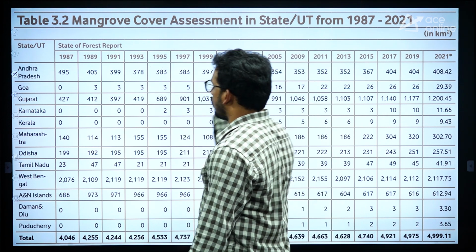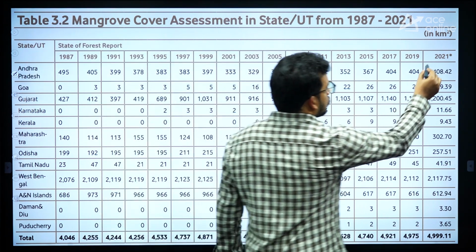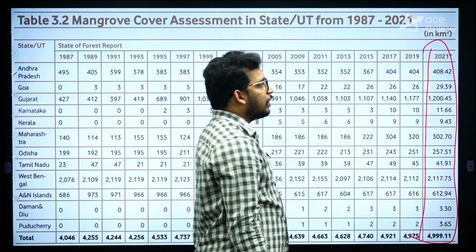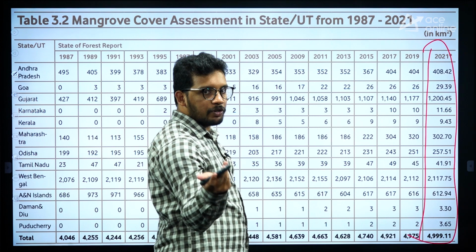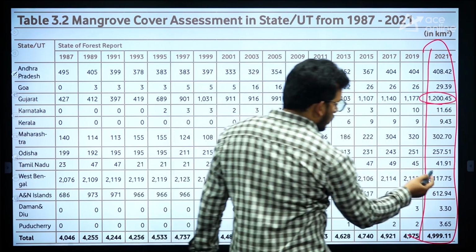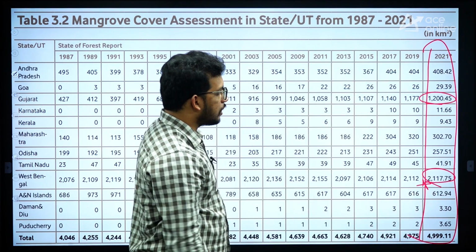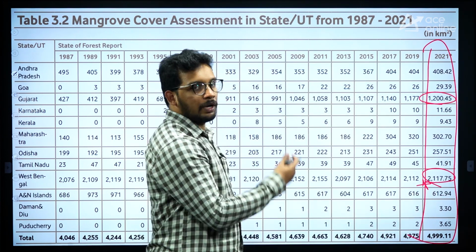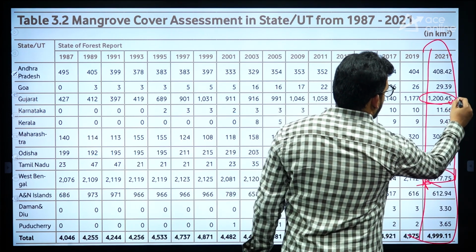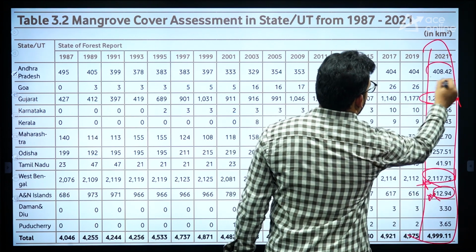And for mangrove cover assessment in the states, you have to remember only the 2021 data, which is the only data given. In this, the highest mangrove is obviously in the Sundarbans, that is West Bengal, with 2117.75 square kilometers. Highest is West Bengal, followed by Gujarat, then Andaman Nicobar, and then Andhra Pradesh.